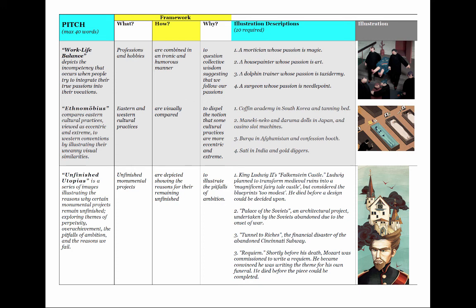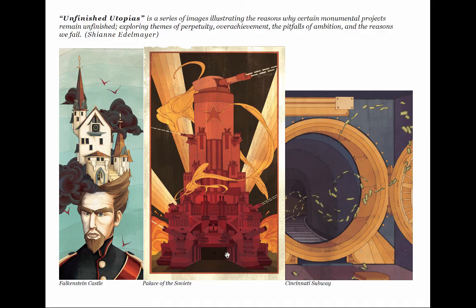Ludwig planned to transform medieval ruins into a magnificent fairy tale castle, but considered the blueprints too modest. He died before a design could be decided upon. And here's the final piece that was produced for that particular illustration description, along with the Palace of the Soviets and the Cincinnati subway, all failed projects.